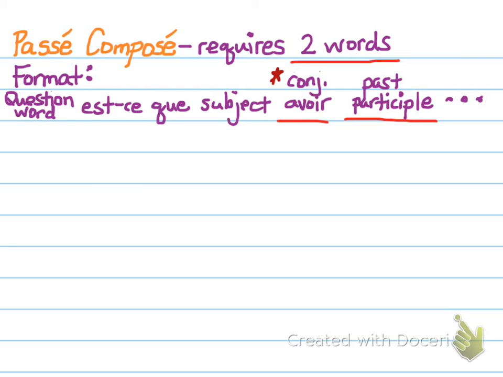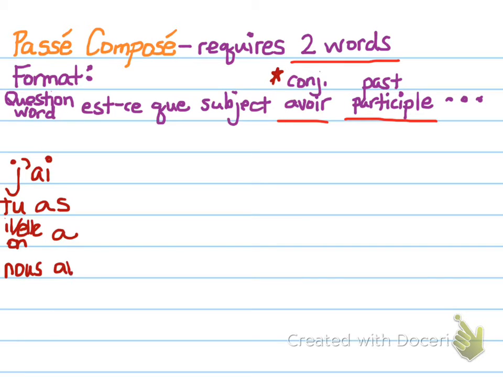The forms of avoir are, and we'll put them over here: j'ai, tu as, il, elle, on a, nous avons, vous avez, and ils, elles, pluriel, ont.